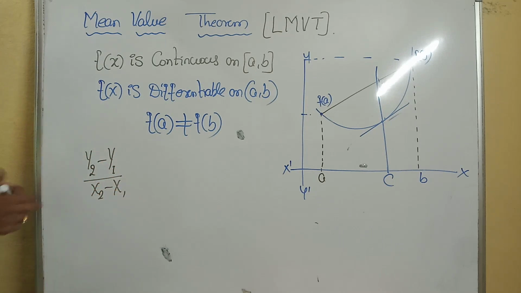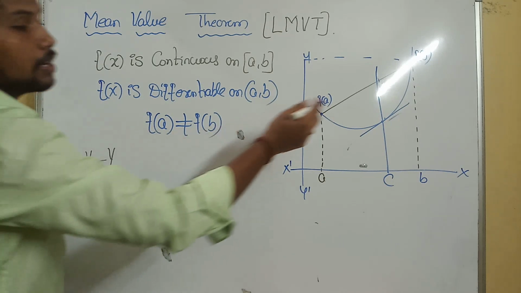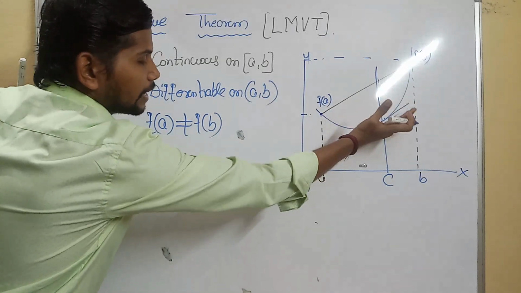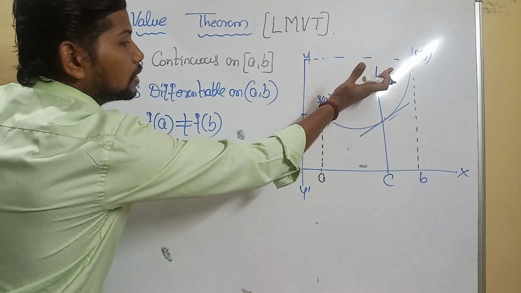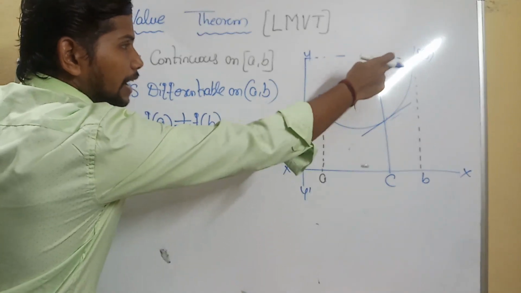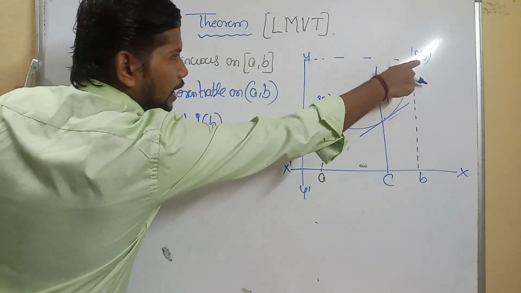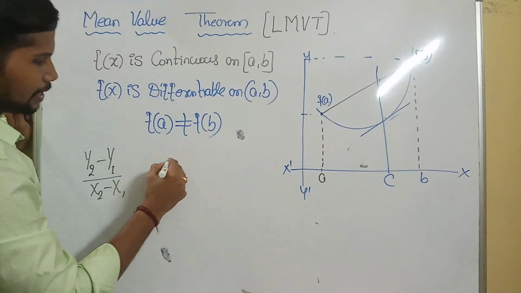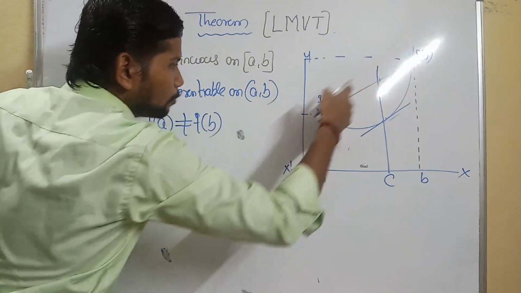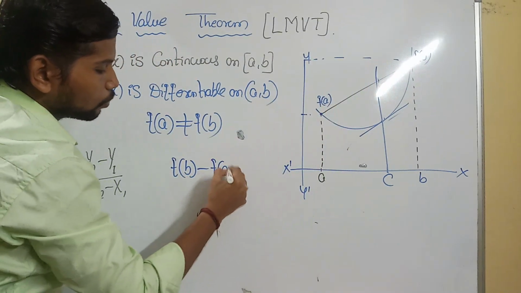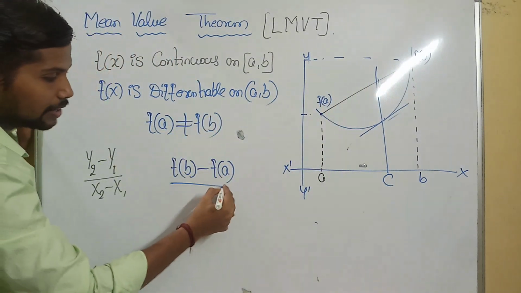Here, instead of calculating the slope of the tangent, I need to calculate the slope of the chord it is parallel to. What is y2 minus y1? Yes, it is f of b minus f of a. What are its domain values, x values, you need to say.